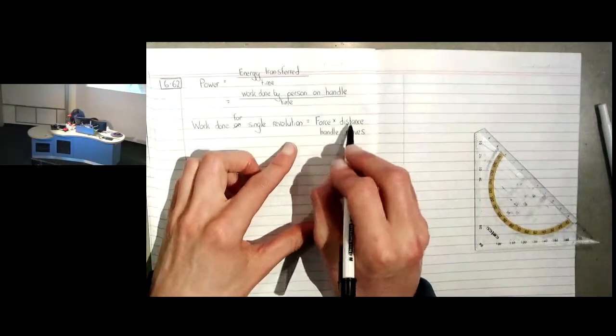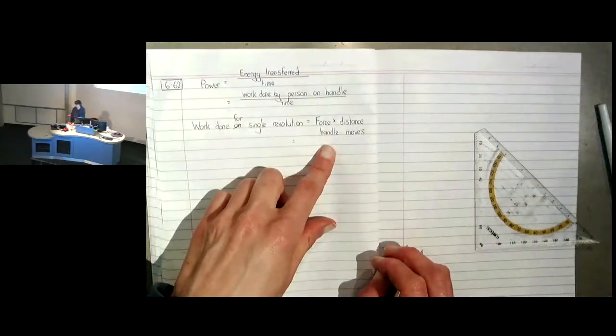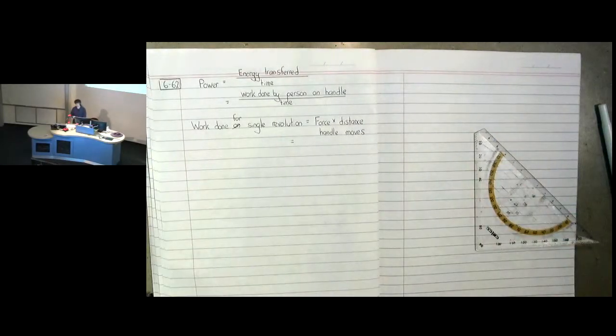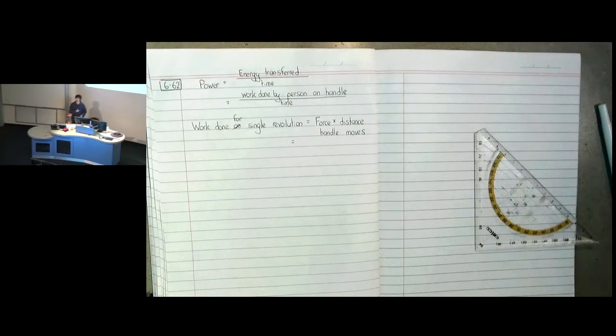So the distance the handle moves in a single revolution is just going to be equal to the circumference of the circle through which the handle moves. And since we know what the radius is, we can get that circumference because we know that the circumference of a circle is 2 times pi times the radius.